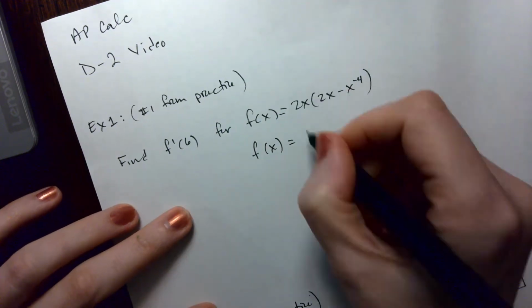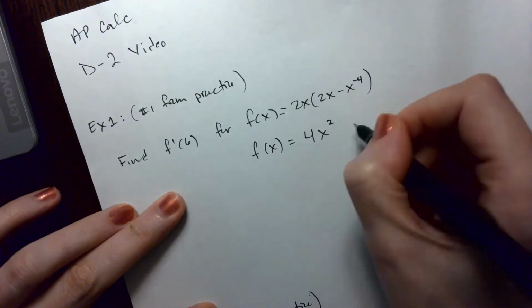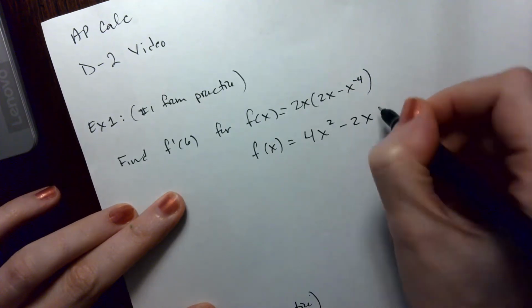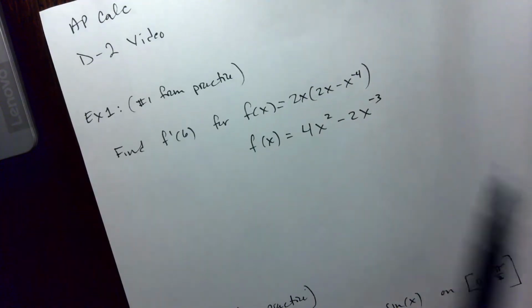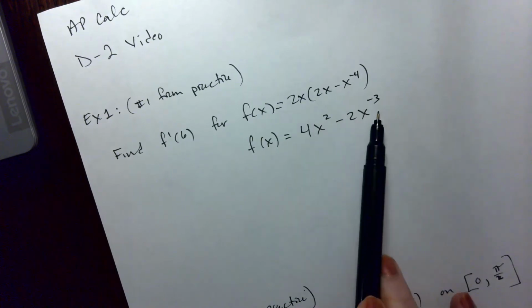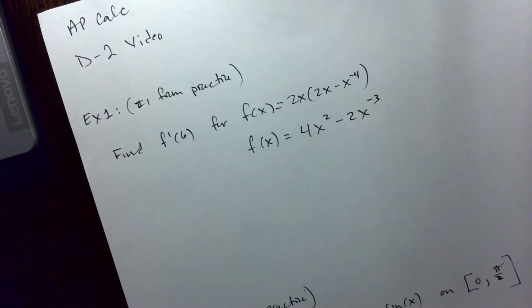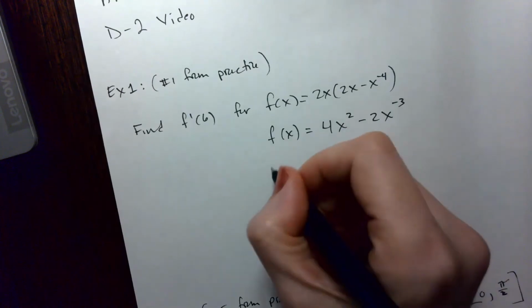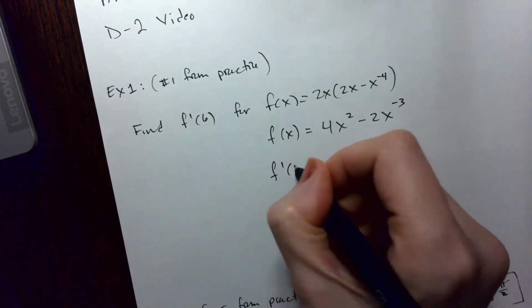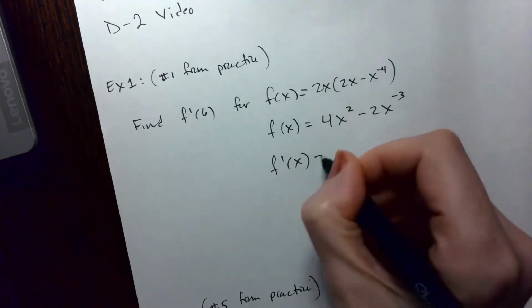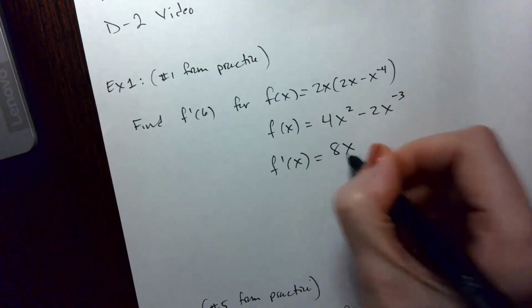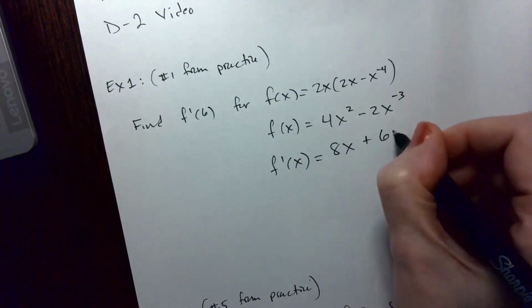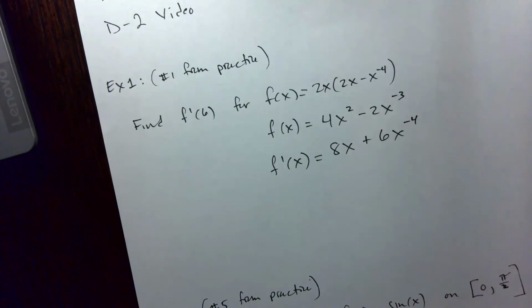I am not taking a derivative right now. I'm just distributing. So x to the first times x to the negative 4 is x to the negative 3 because you add the exponents. Now it is a sum of terms of that form, and now I can take the derivative. So f prime of x equals 8x plus 6x to the negative 4.